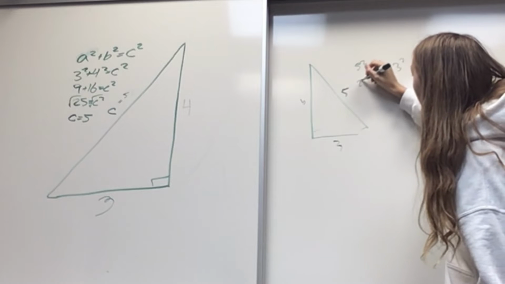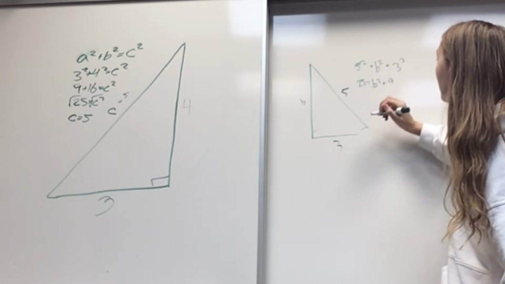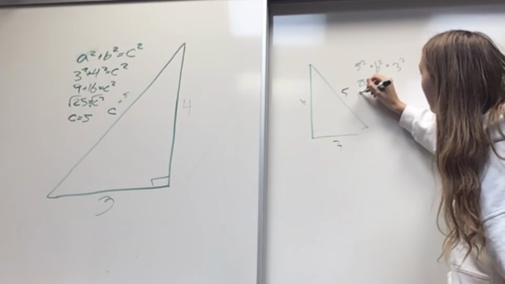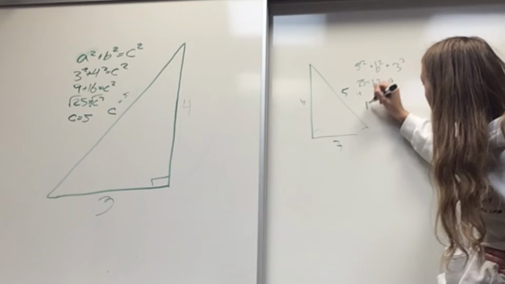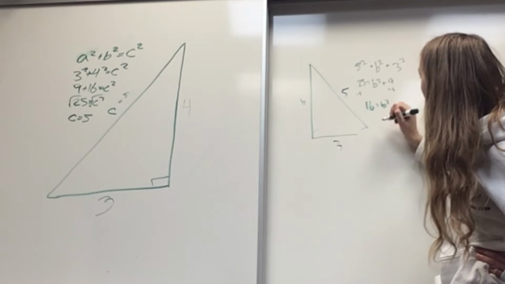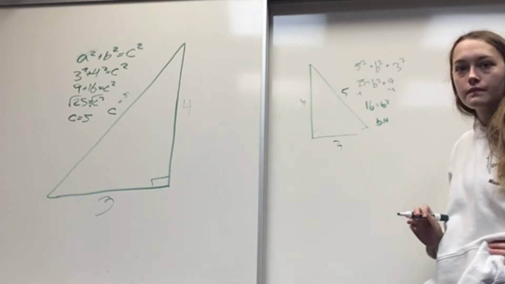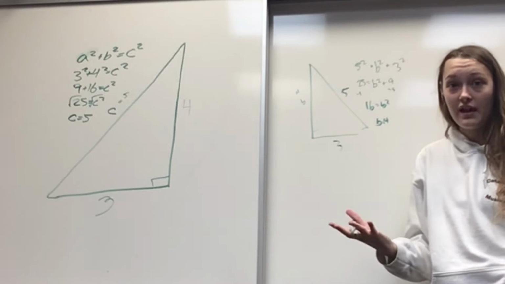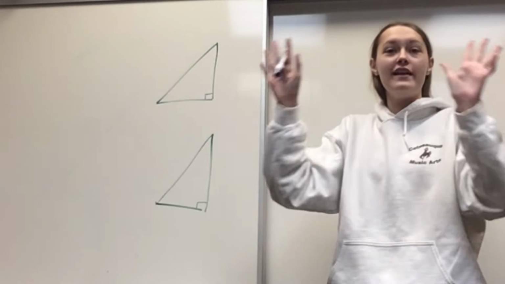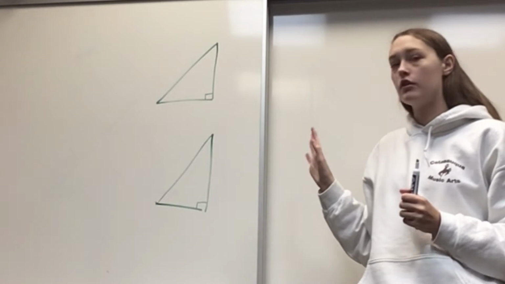Then 25 equals b squared plus 9, and we subtract 9 from both sides and get 16 equals b squared. You do the exact same thing to find b, which equals 4. So that's the Pythagorean theorem.